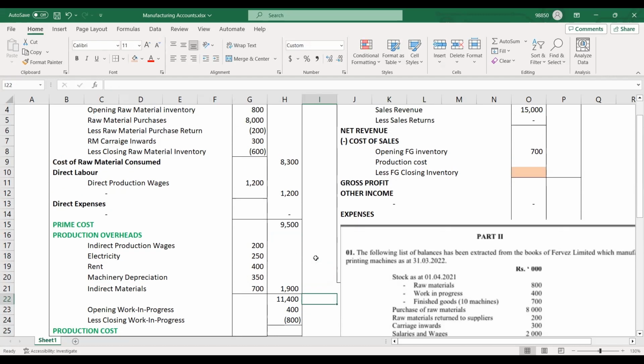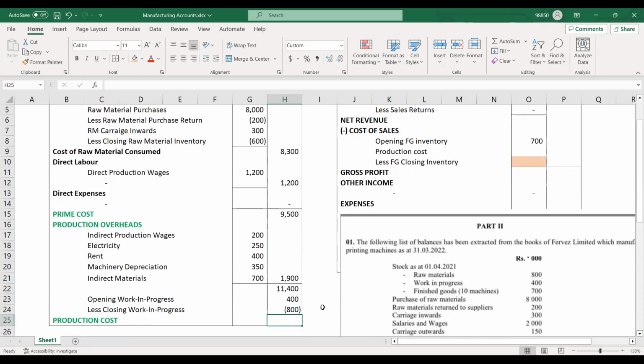Then what is your production cost? So then you're going to take this time cost plus production overhead plus the opening work in progress minus the closing work in progress.